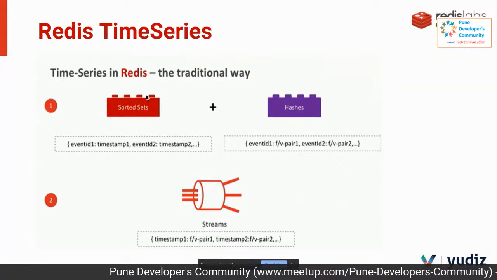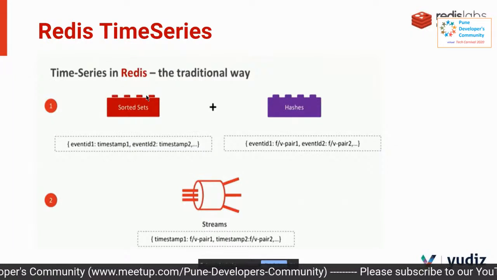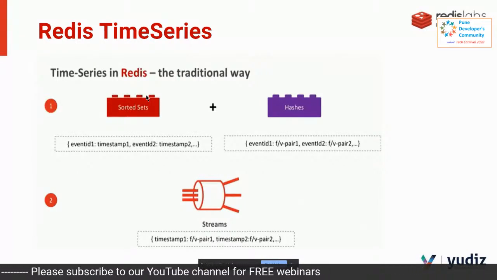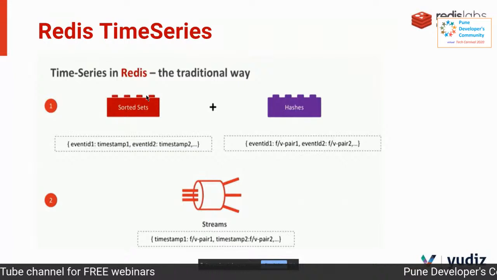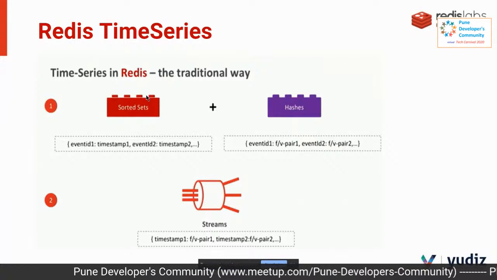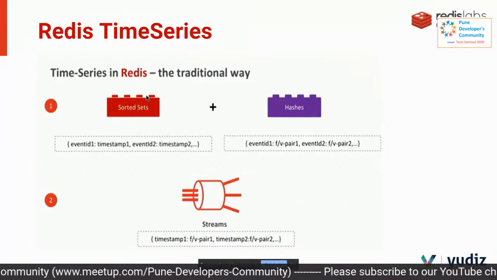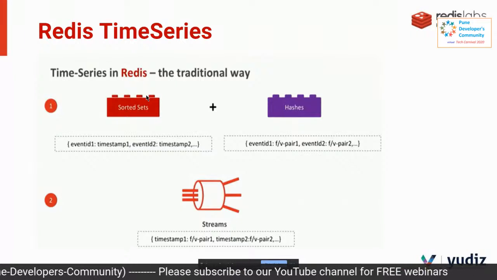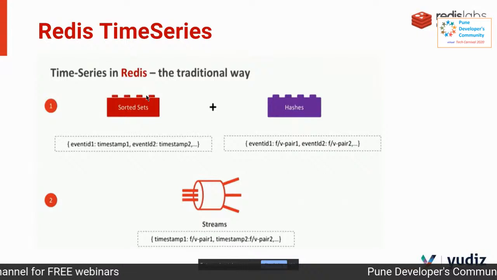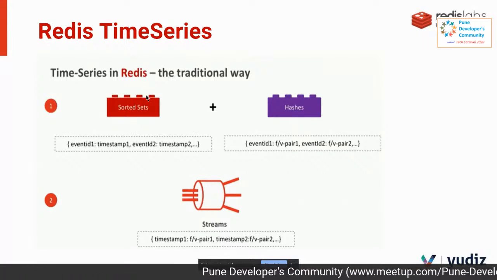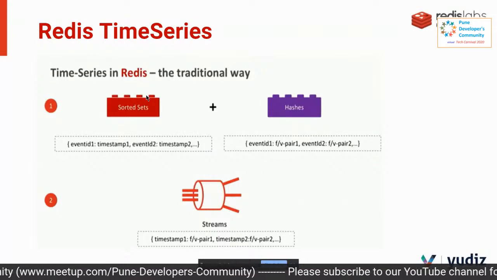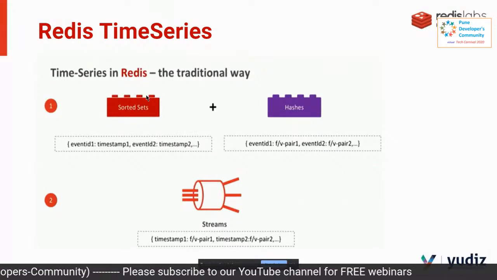We needed hashes here to store data like field value pairs for the sources. But the main problem with sorted sets is duplication. We cannot provide duplicate data in sorted sets. And sorted sets are not a very good data structure for a lot of data, like when millions, thousands, and hundreds of thousands of data points are coming in.